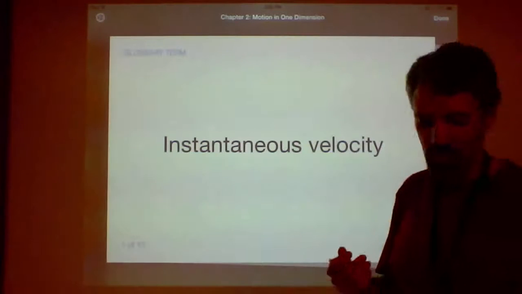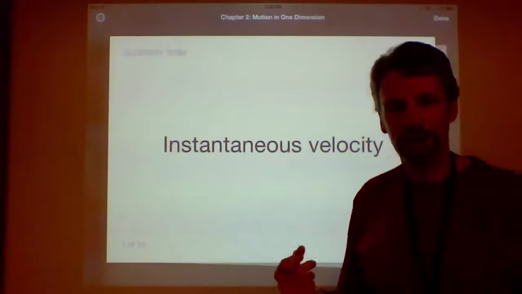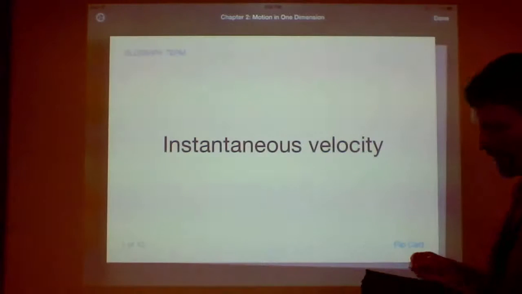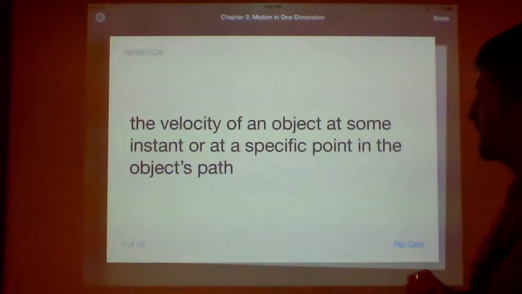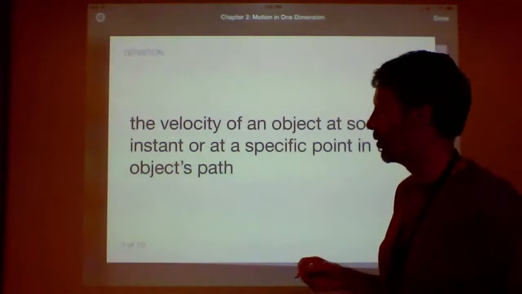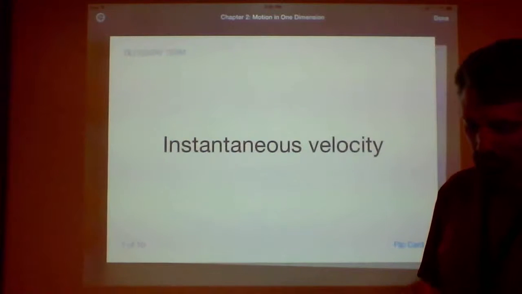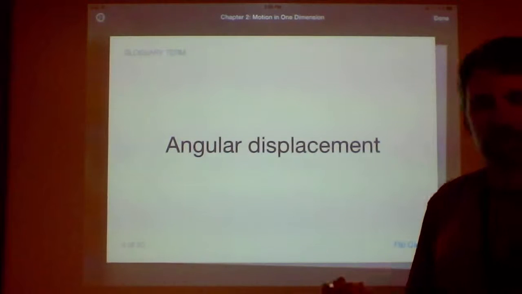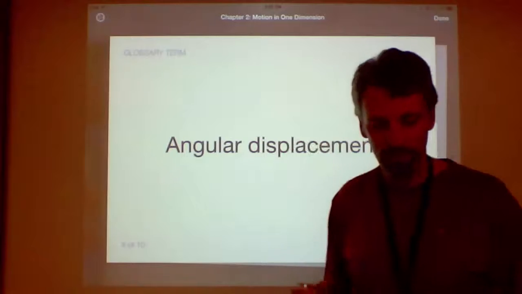So for each chapter, there's a different set of glossary terms, and so you can actually scroll through these, and you can do that by flipping the card, and it'll tell you what instantaneous velocity is. The velocity of an object at some instant or at a specific point in the object's path. So you can scroll through these. There's a bunch of different ones for each chapter. Really useful, if you're trying to help yourself remember what these terms are.